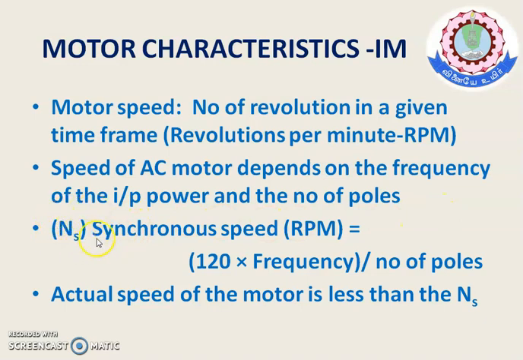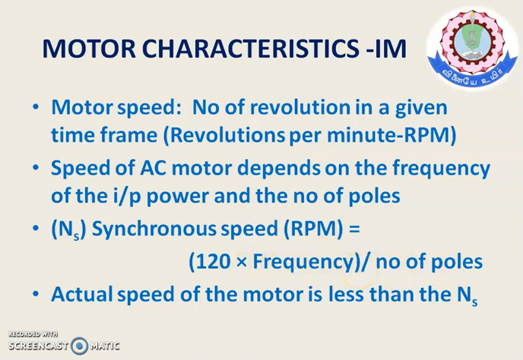Here NS is the synchronous speed, in revolutions per minute, equal to 120 F by P. F is the frequency, P is the number of poles. You need to keep this in mind.